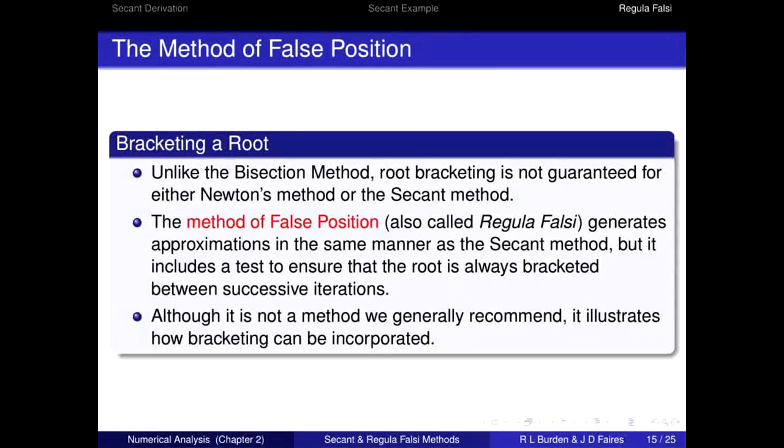It is very closely related to the secant method, and the difference is, first, that it is root bracketing and secant is not. The secant method does not split the interval into sub-intervals. Second, in every iteration of the Regula Falsi method, you require a test that the function values have opposite signs.